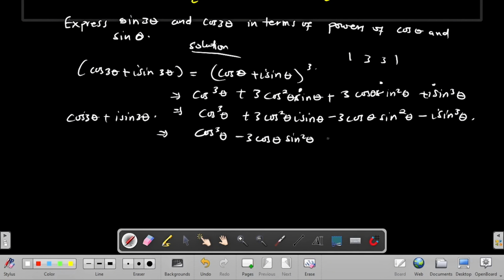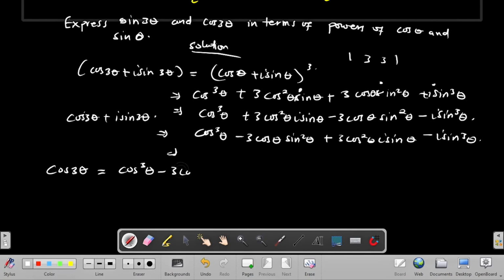Then I'll have plus 3 cos squared theta i sine theta, then minus i sine cube theta. So comparing cos 3 theta on the left, which is the real part, it should be equal to cos cube theta minus 3 cos theta sine squared theta.